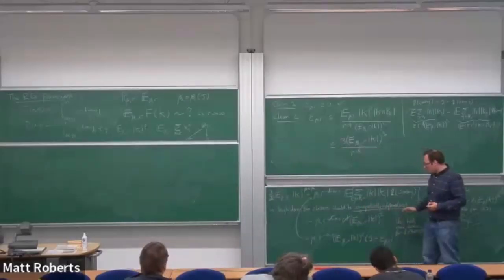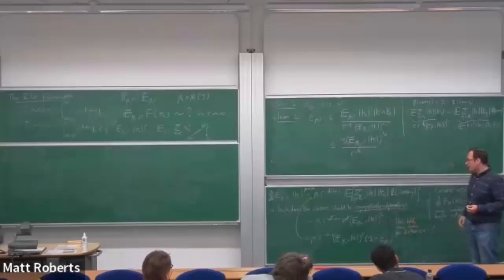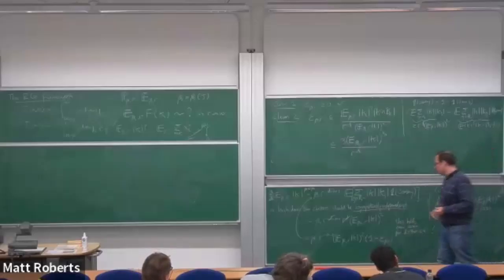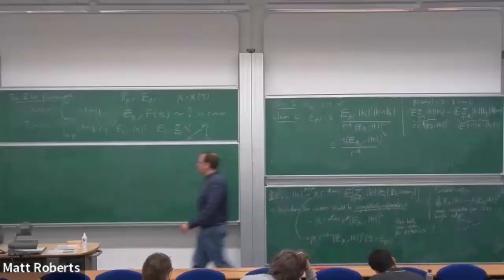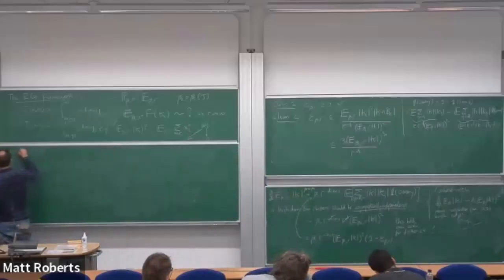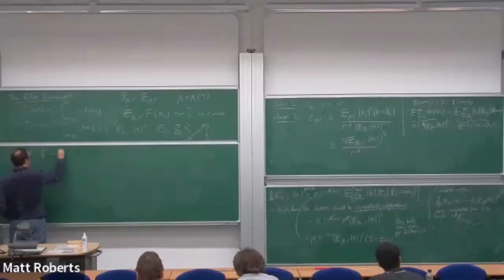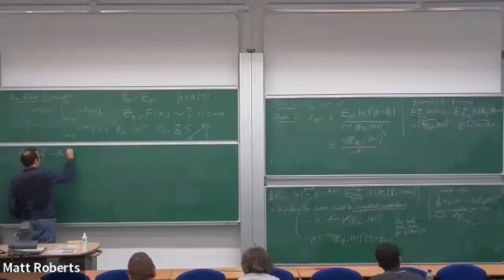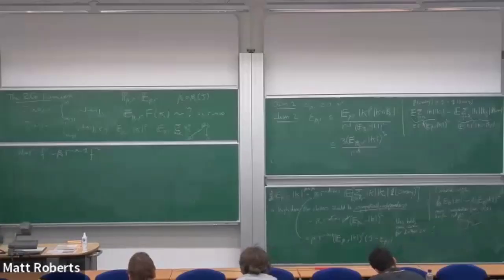If the error goes to 0, I get the asymptotic ODE that I want. So what is this ODE? Well, it's F prime is asymptotic to beta C R to the minus alpha minus 1 F squared. So let me just briefly talk about this ODE.